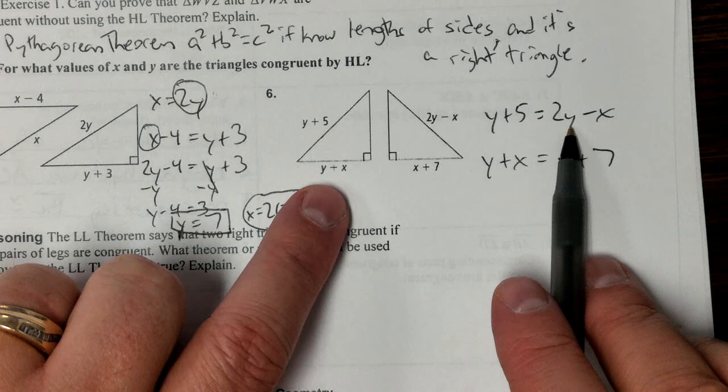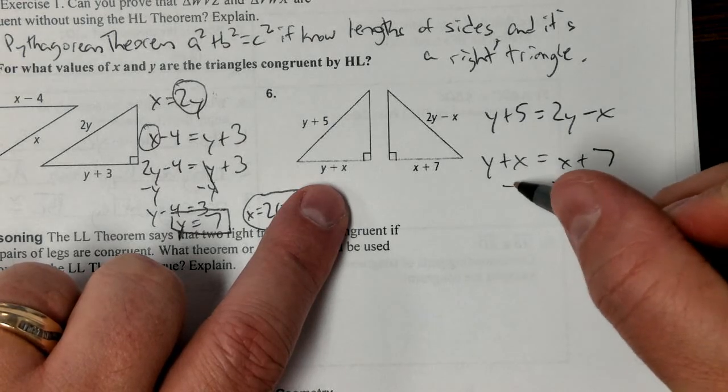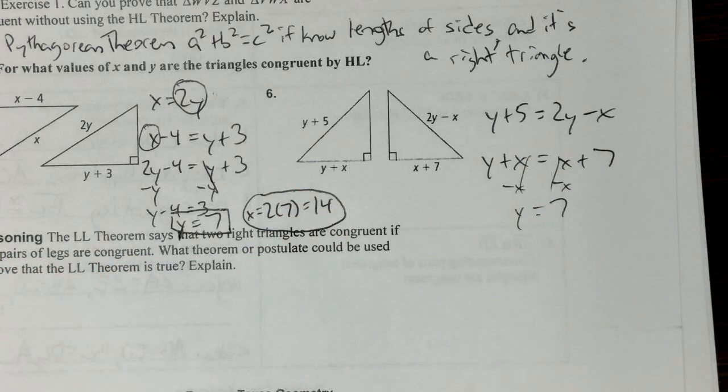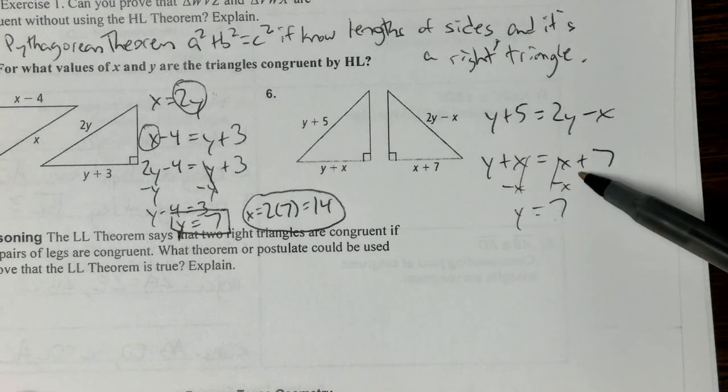The top one you can't do anything with, but on the bottom one, if you subtract x from both, then it goes away and you get y equals 7. So we did figure out that y is 7 just because these cancel out.